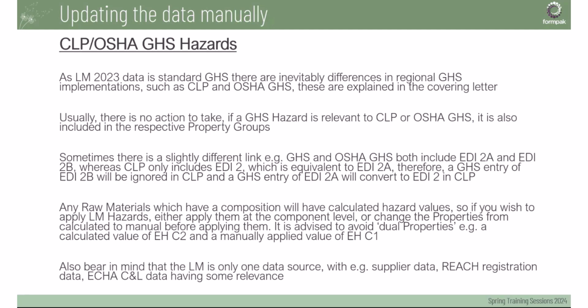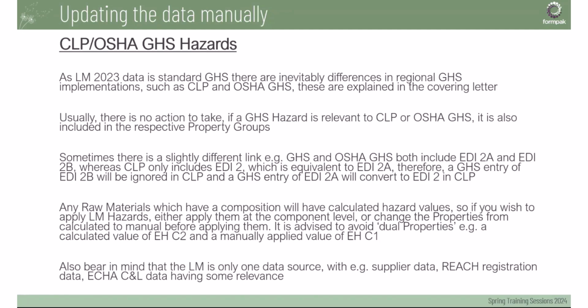So any raw materials that have a composition will have their hazard values calculated. So if you wish to apply labelling manual hazards, either they should be applied at the component level, or the properties on the raw material with a composition should be changed to manual before applying or removing them.